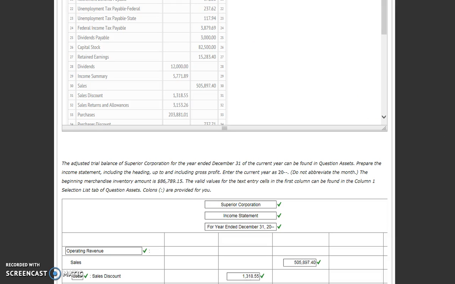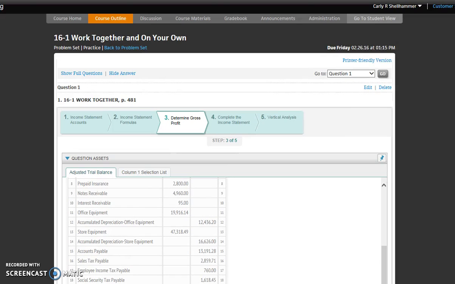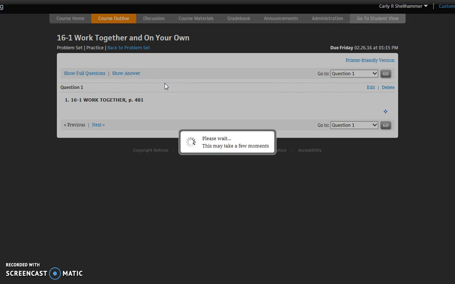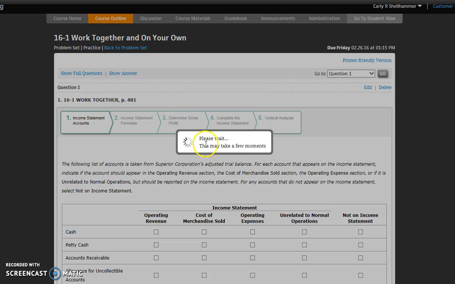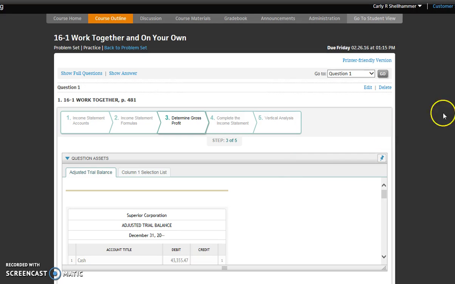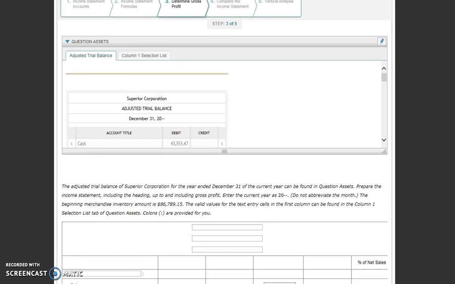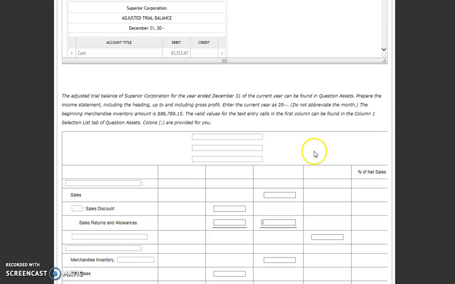Alright, moving on now to the actual math. Sorry, I don't want the answers out there for you guys. Alright, it says the adjusted trial balance for Superior Corporation for the year ended December 31st of the current year can be found in question assets.